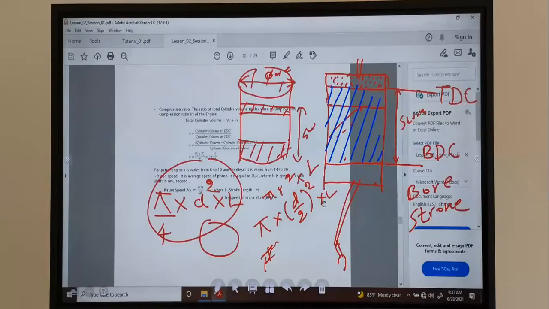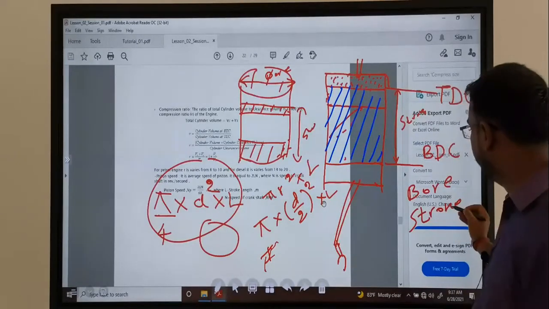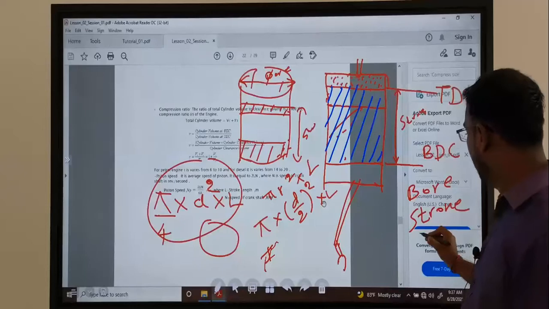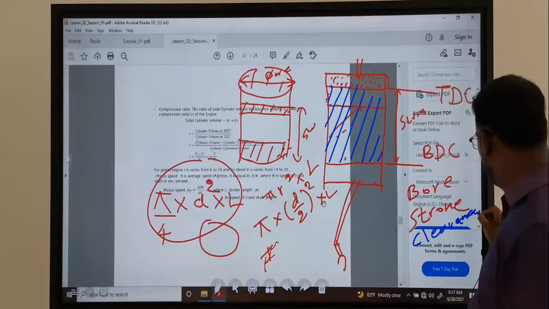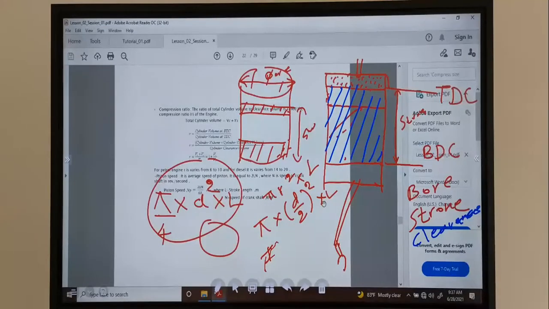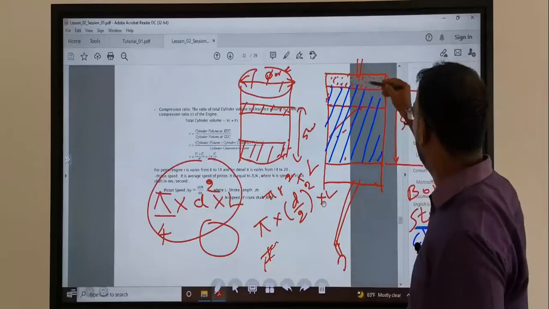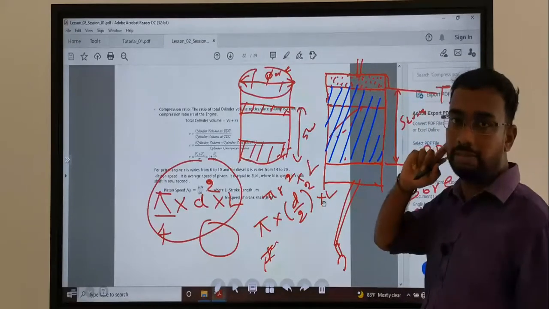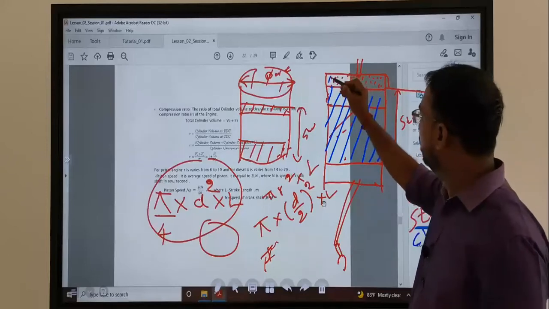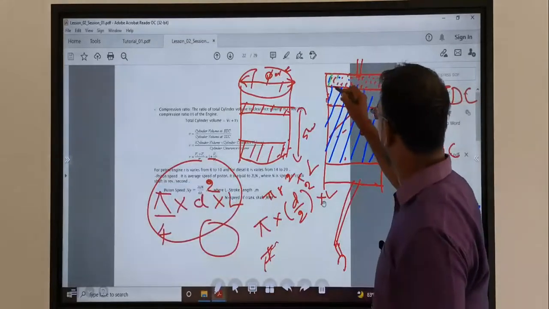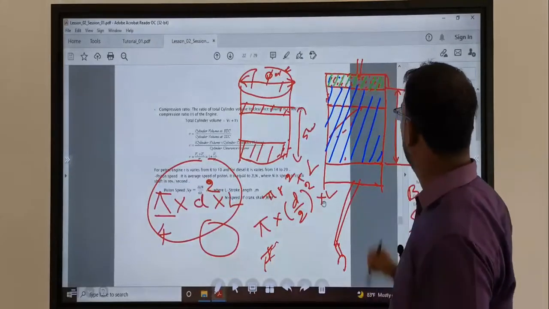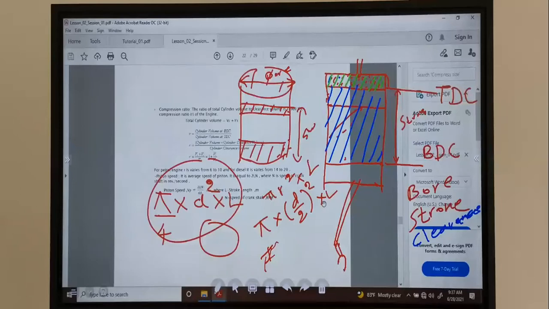Besides the stroke volume or swept volume, the other term is clearance volume. Clearance volume is the volume that remains when the air is fully compressed. This remaining volume is called the clearance volume.